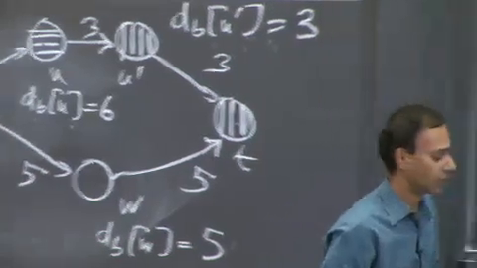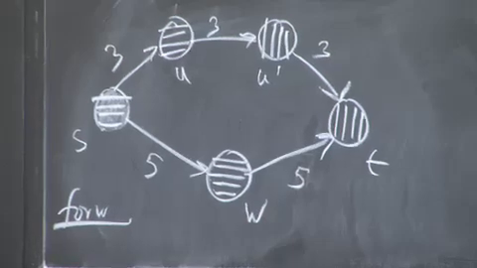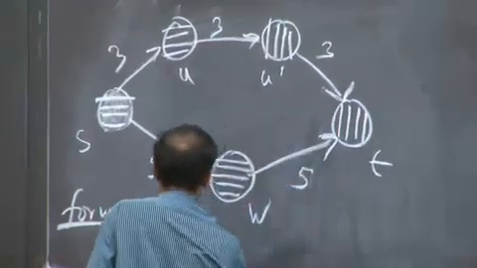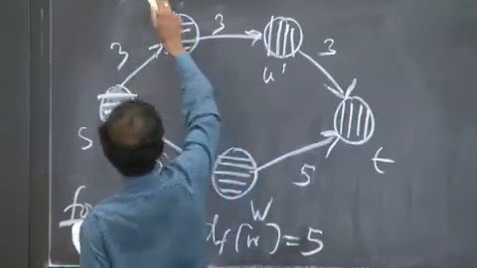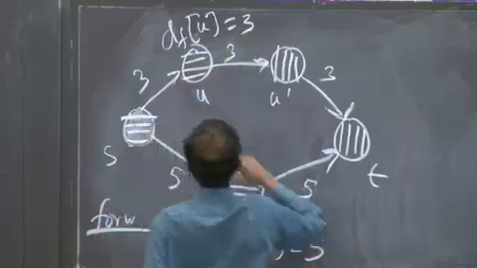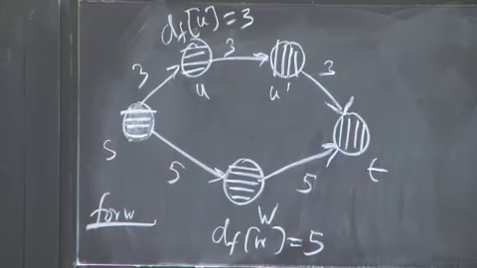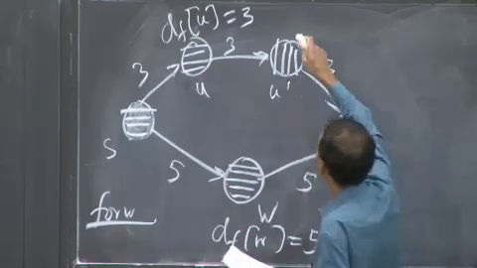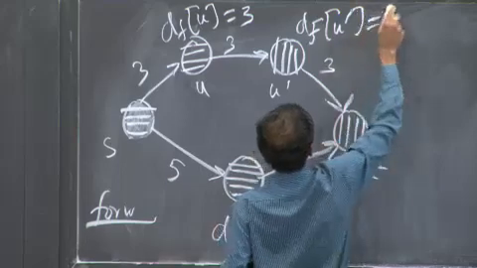And my only choice now is to pick the W vertex off of QF, right? Because dF of W equals 5, and this one has already been processed. dF of U equals 3, but I've hashed that. And so I've gone ahead and processed that vertex. And this one, dF of U prime equals 6.